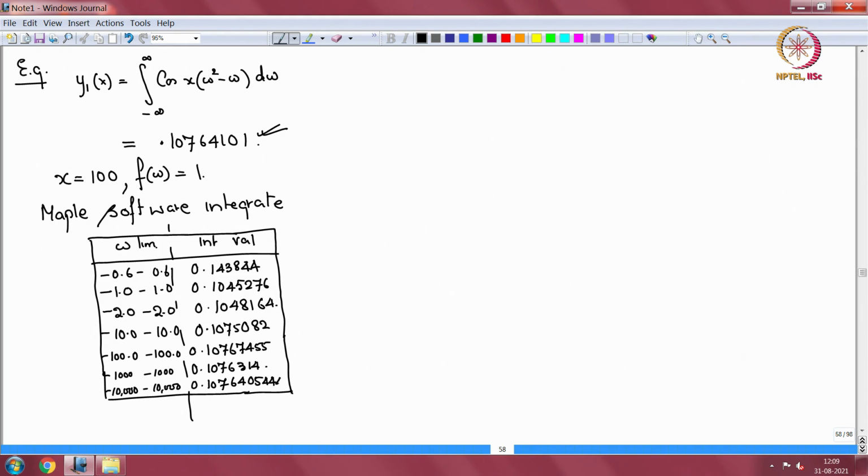So you can see, compare this with this value. So that's the method of stationary phase.